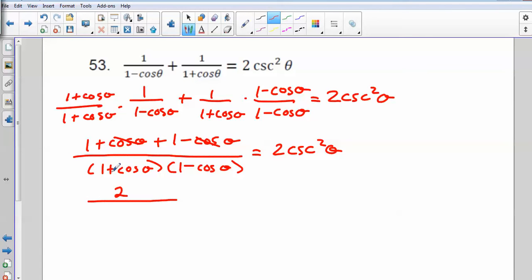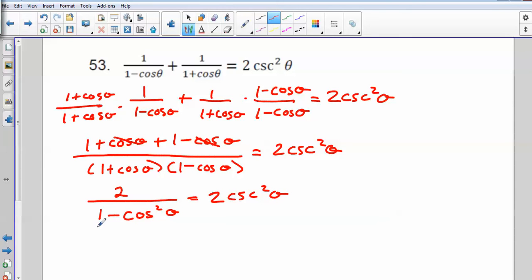My denominator, I know that my middle terms are going to cancel out, so I'm just going to take that shortcut. I know 1 times 1 is 1. Cosine theta and negative cosine theta, those are going to cancel out. And then cosine times negative cosine is minus cos squared theta. Okay.